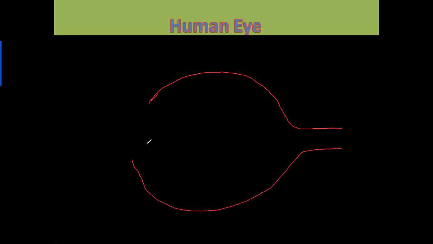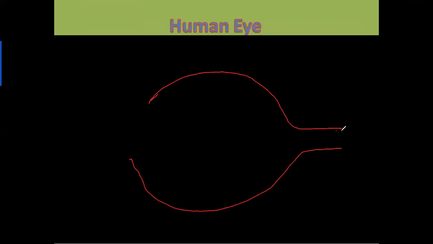Human eye. First, when we consider the human eye, you can see layers like this. Outside, let's imagine this is the human eye. This is the first layer, called the sclerotic layer.